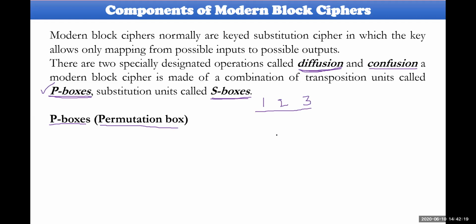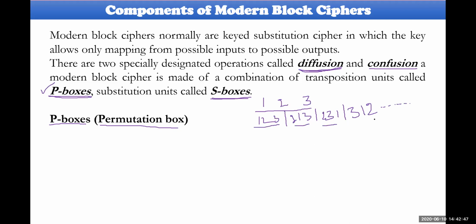Then you could prepare a huge number of numbers here. One combination will be 1, 2, 3. Second combination will be 2, 1, 3. Third combination will be 3, 2, 1, or 2, 3, 1. Fourth combination will be 3, 1, 2. Something like this. You have to prepare many combinations here. So this is called permutations and combinations.